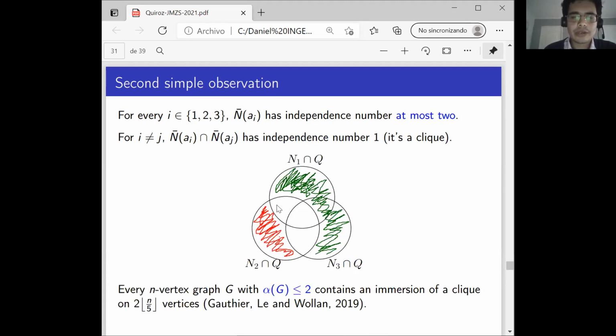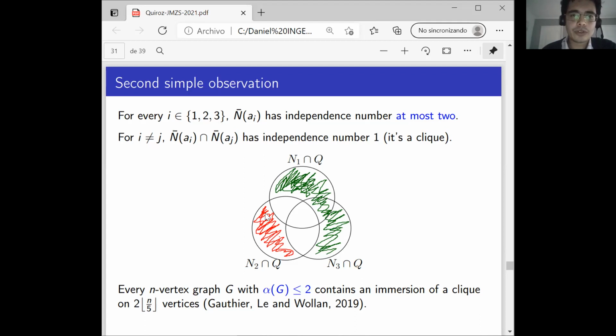So how does it look? Say every vertex in Q is a neighbor of either 1 or 2 or 3, or maybe a couple of them, or all 3 of them. And what I'm saying is that this green bit, which is the non-neighborhood of 2, has independence number at most 2. And this red bit here, which is the non-neighborhood of 1 intersected with the non-neighborhood of 3, is a clique.